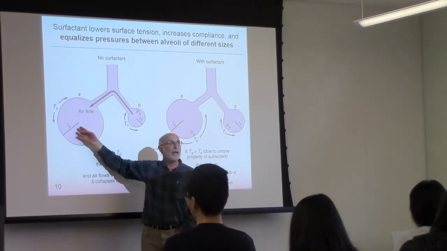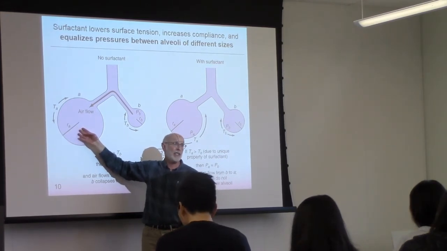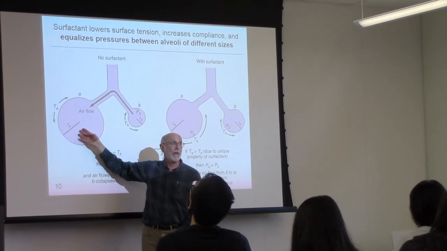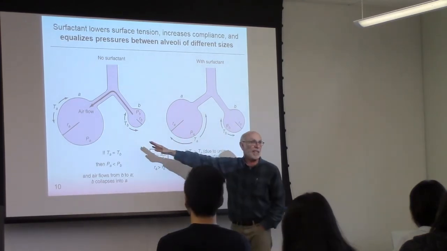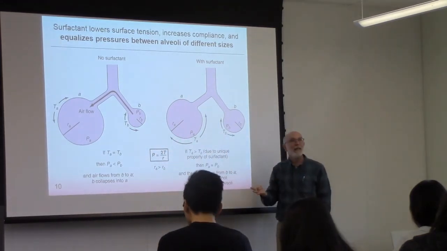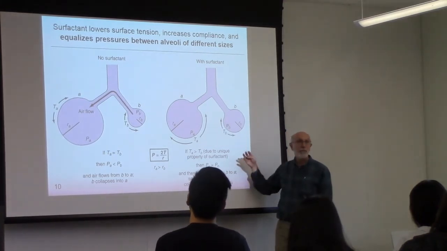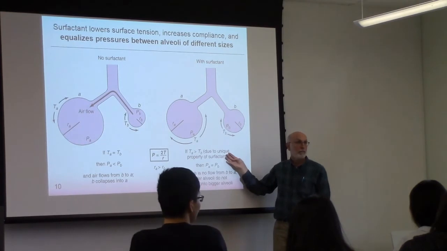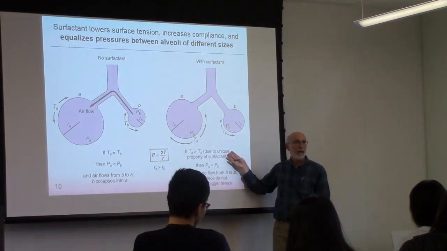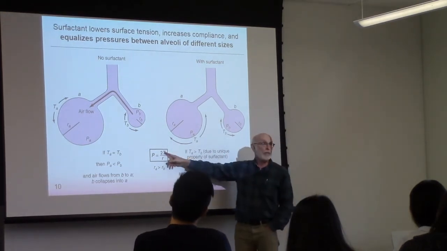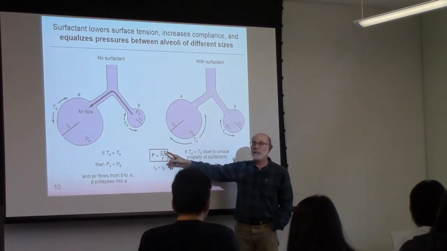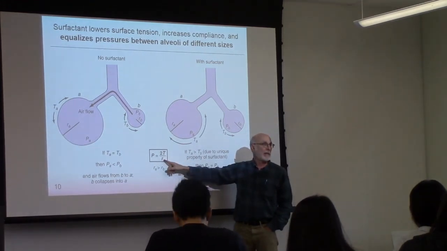And so the surface area of those alveoli is insufficient for the gas exchange that is necessary. The way biology gets around the physics is that biology introduces a molecule, surfactant, that decreases the numerator as the denominator decreases.